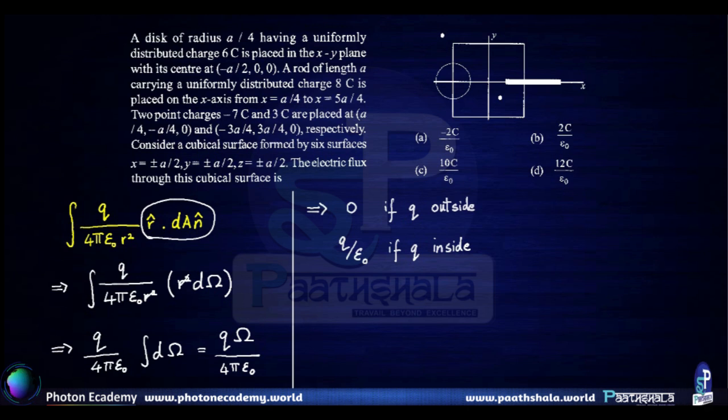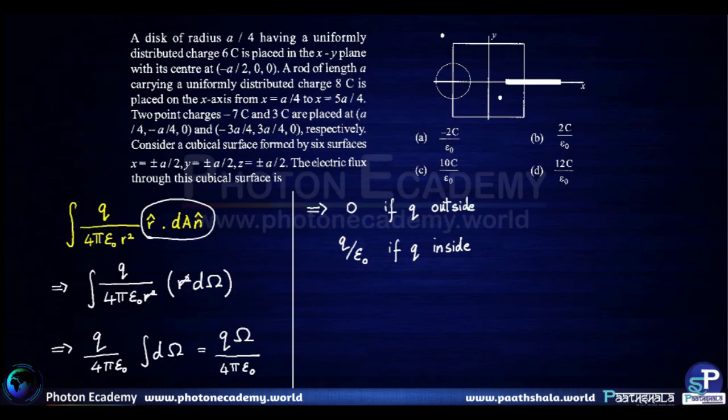So what is the total charge inside the cube? We have the disk of uniformly distributed charge 6c, and only half of the disk is inside the cube, since the disk is centered on the surface of the cube.